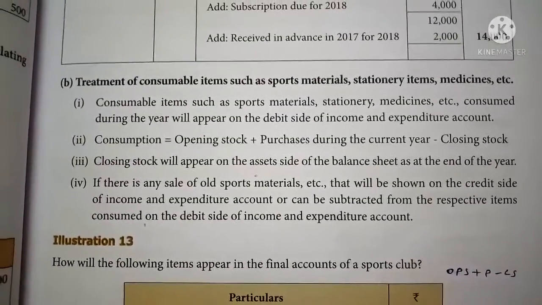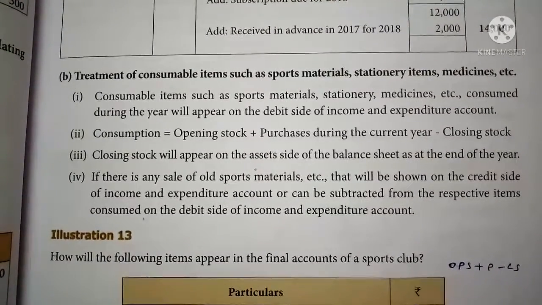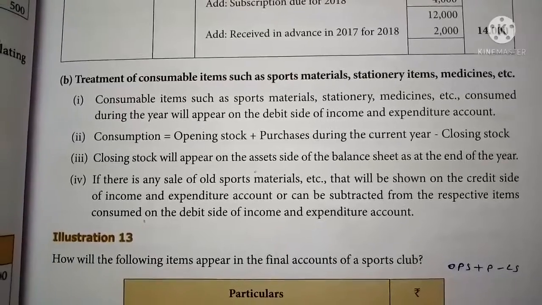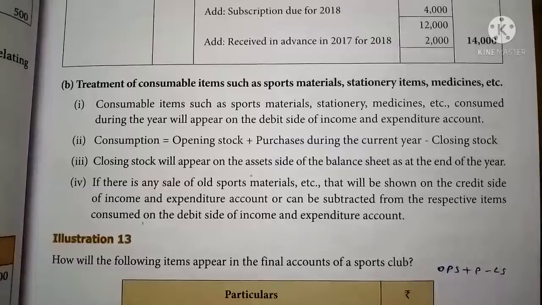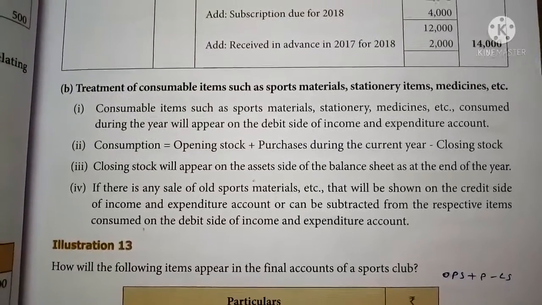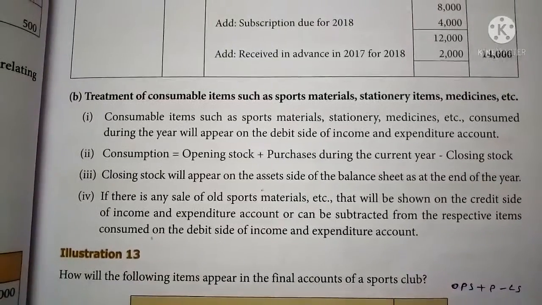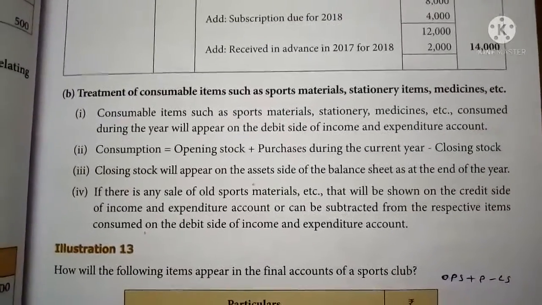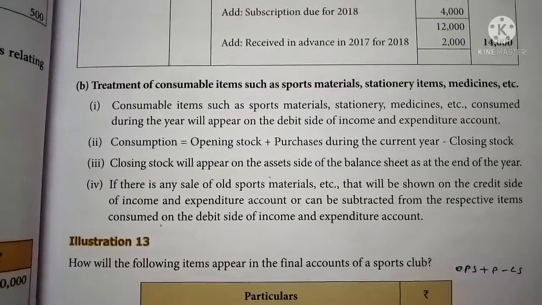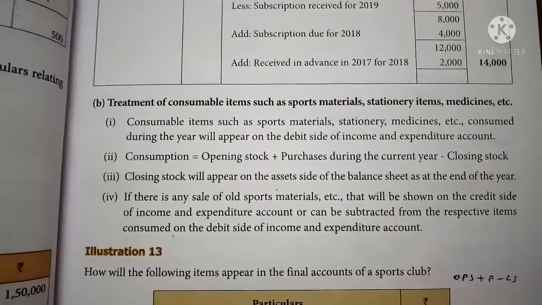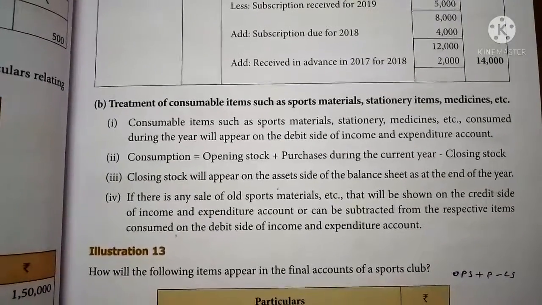If there is any sale of old sports material, sale of bat and ball, sale of medicines or sale of old stationery, that should be shown on the credit side of income and expenditure account. If there is any sale amount of materials, it is one of the revenue incomes, it should be shown on the credit side of income and expenditure, that is the income side.